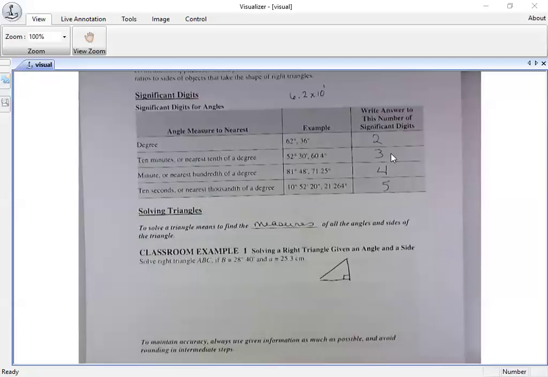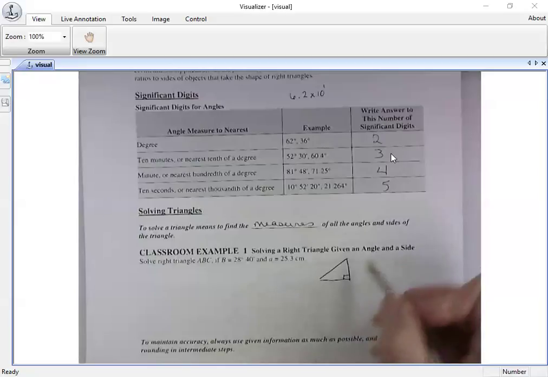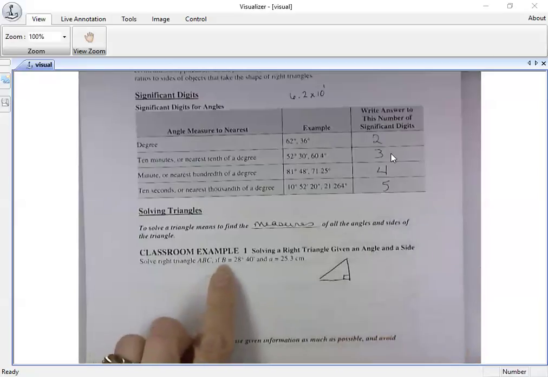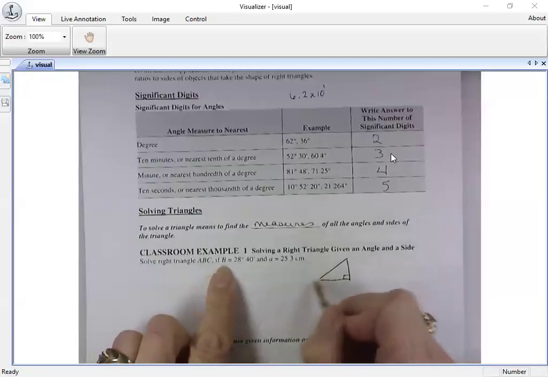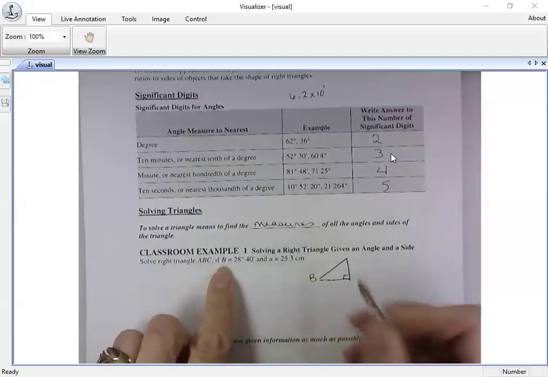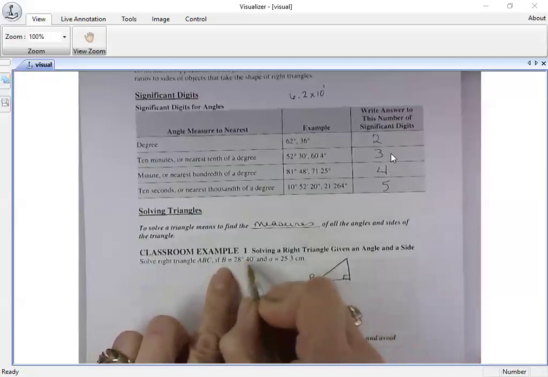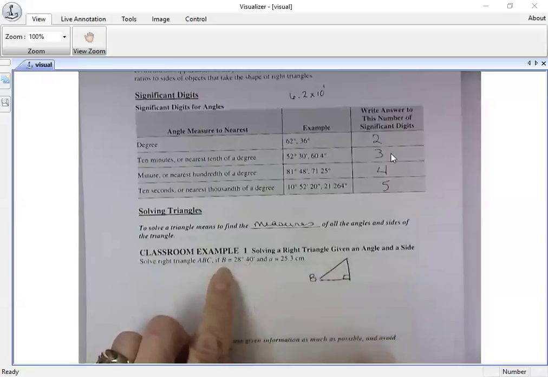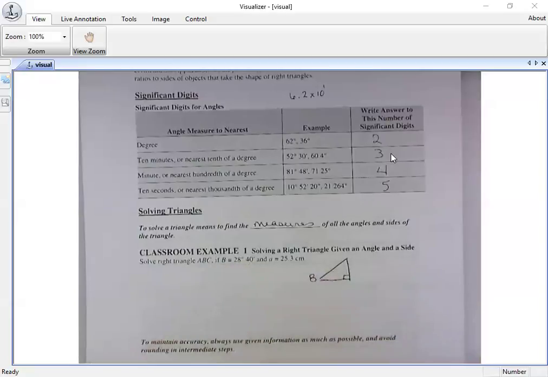Okay? Now, I need to figure out how to set this thing up. So I'm looking at this, and angle B, let's say this is angle B right here, and it is 28 degrees, 40 minutes.